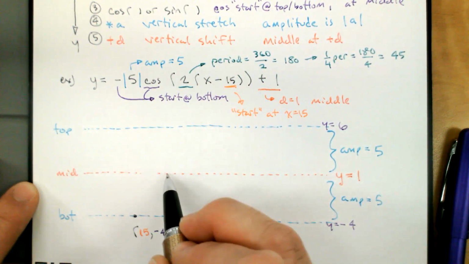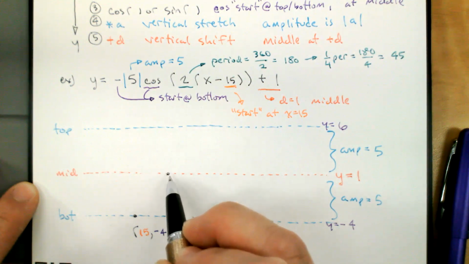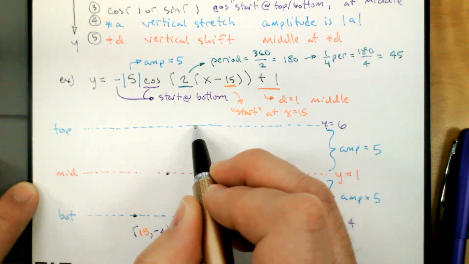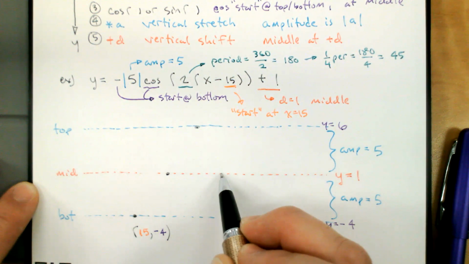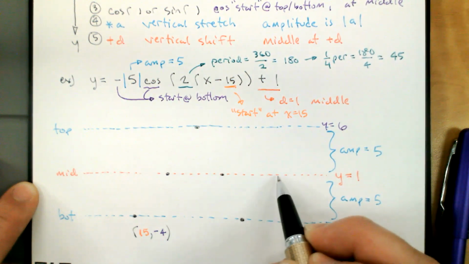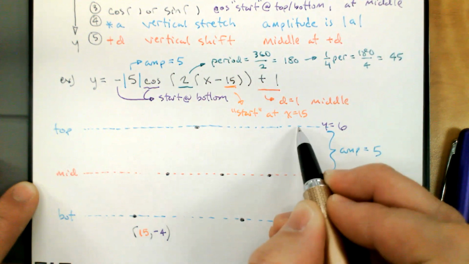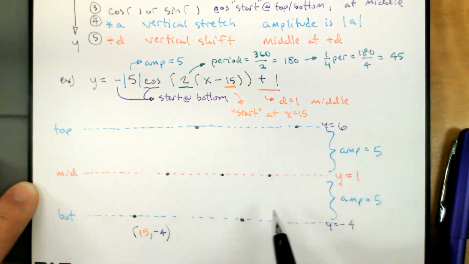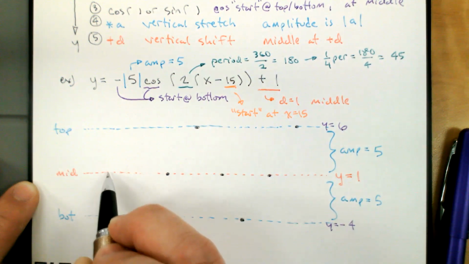Next, we're going to go up to the middle, and then up to the top, then down to the middle, down to the bottom, back up to the middle, back up to the top, then run out of space. I can go backward this way too.